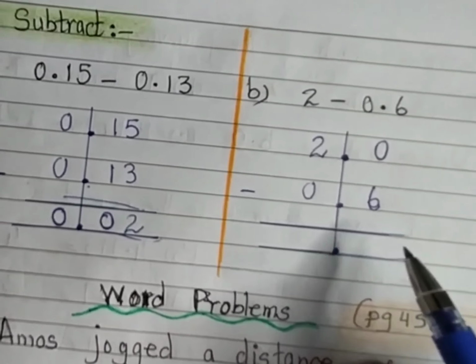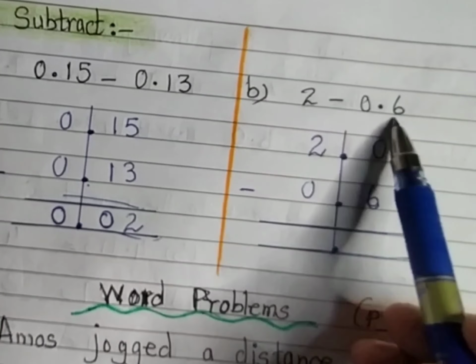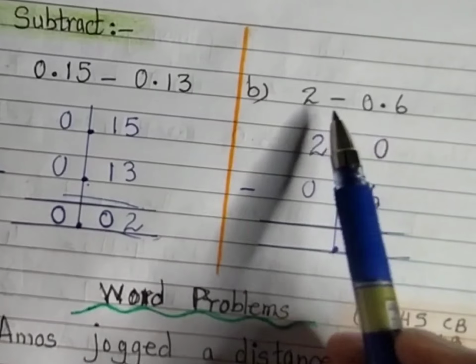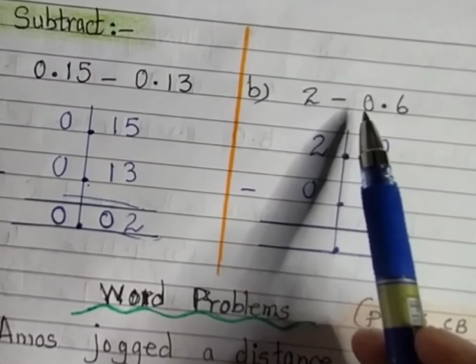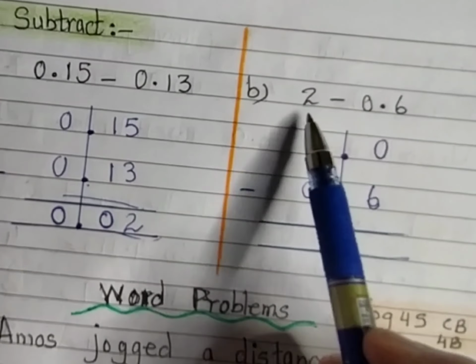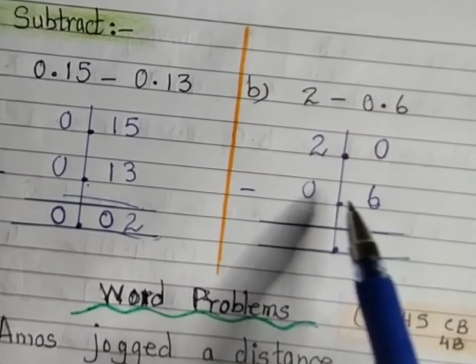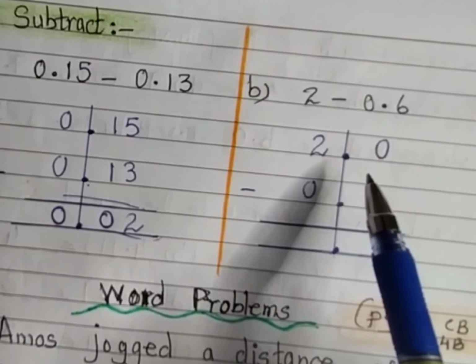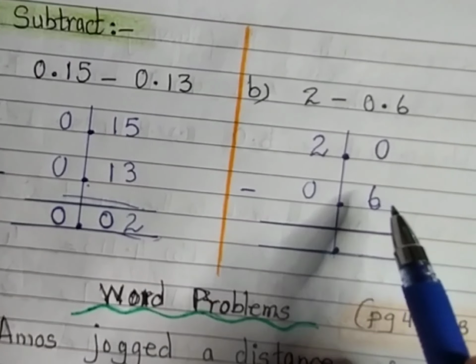Now when you are subtracting a number, you have matched, just see the two numbers. Which figure do you think is bigger? 2, of course. Always remember to match your whole numbers first. So a whole number which is 2 and a whole number which is 0, of course 2 is bigger than that. So you're going to write down 2.0 here, 0.6 here. Now when you are going to write minus this, 0 minus 6 is not possible.